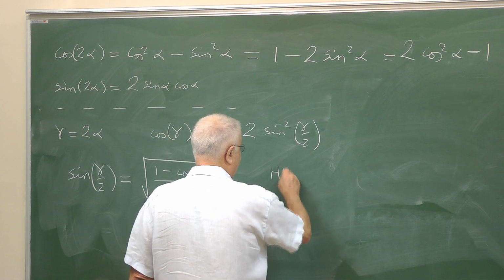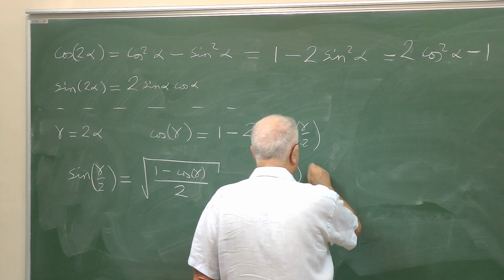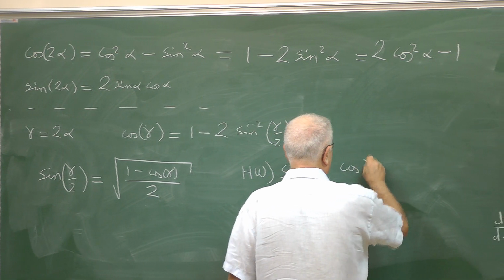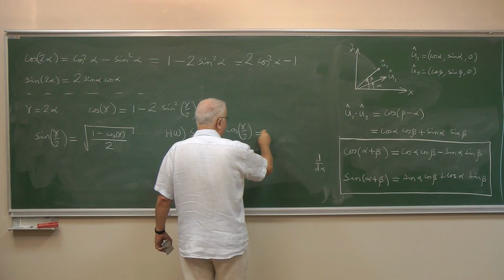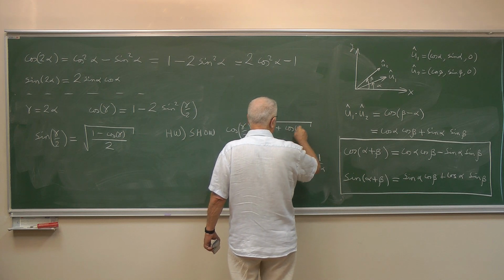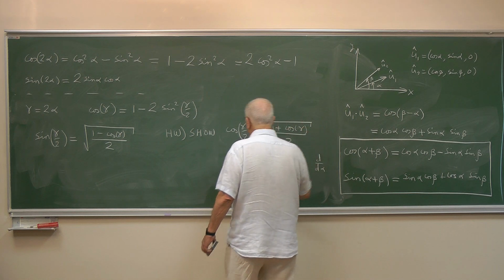Homework, show cos gamma over 2 equals square root of 1 plus cosine gamma divided by 2.